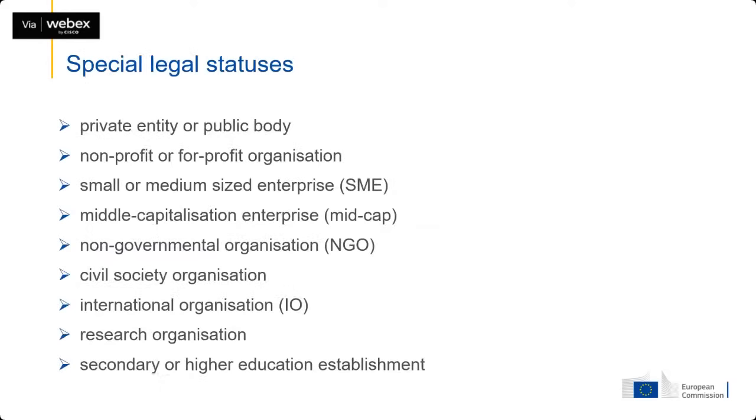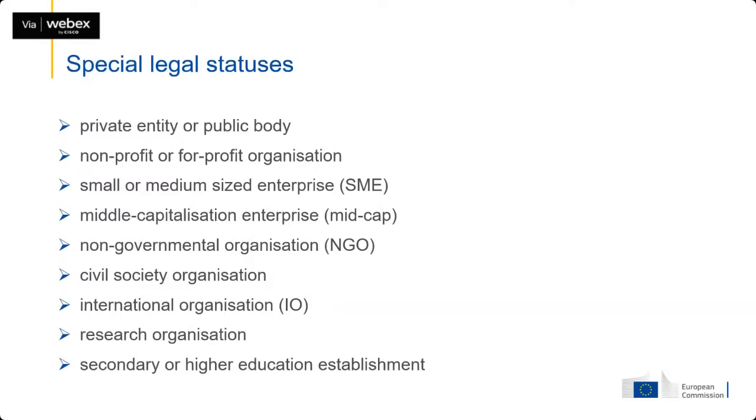Here on this slide, you will see examples of different statuses. As already mentioned, it could be a private or a public body, non-profit or for-profit organization, small and medium-sized enterprises, middle capitalization enterprise, non-governmental organizations, civil society organization, international organization, research organization, or secondary and higher education establishment.